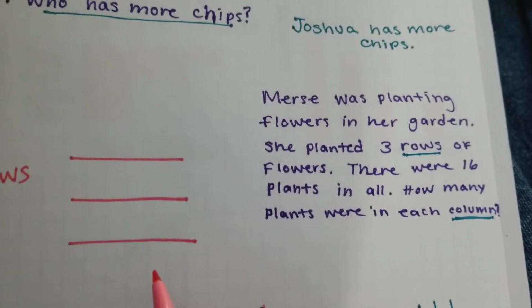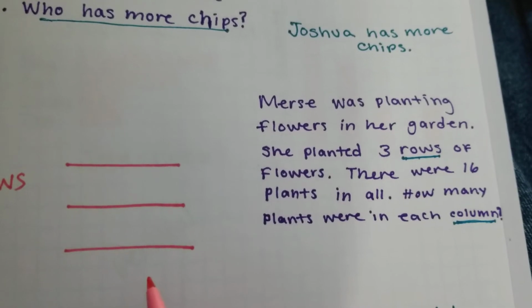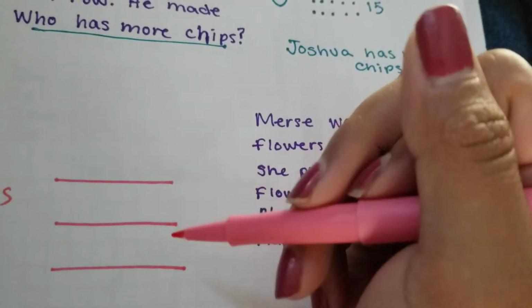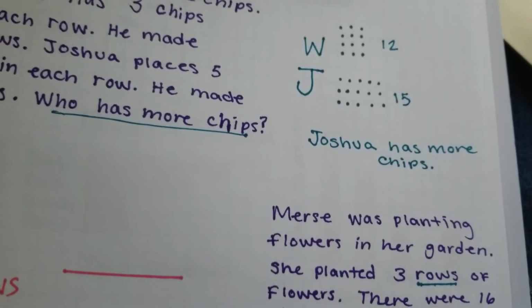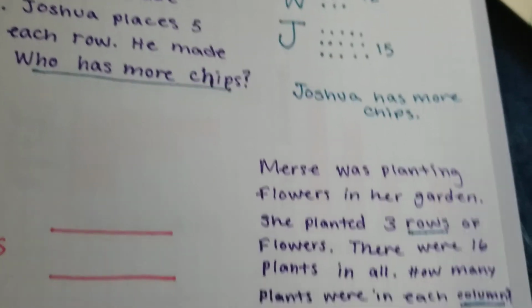And then we know that there are 16 plants in all. So I need to know how many were in each column going down. So I'm just going to put a little flower in each, going equally, because remember, they have to be equal. So let's see. We're going to count all the way up to 16.